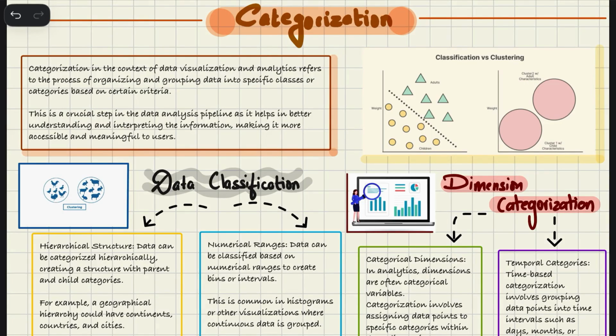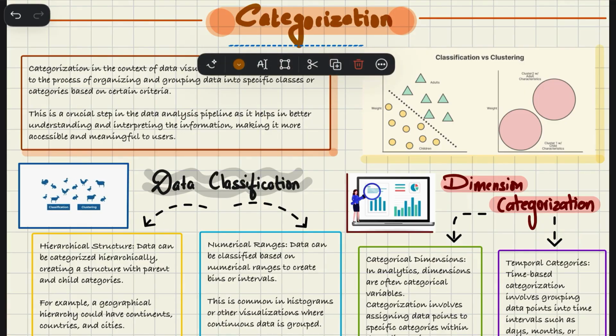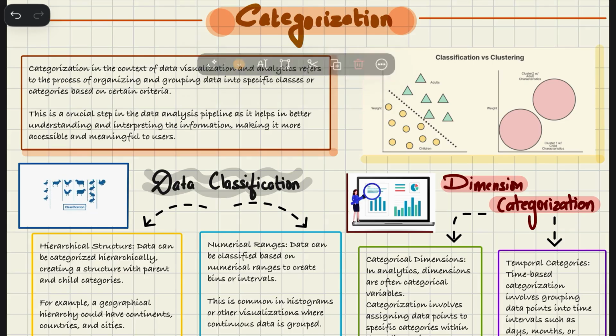Alright guys, in the real world, raw data arrives as a massive chaotic flood. Categorization is the formal process of organizing the data and grouping the data into specific groups, into specific classes based on predefined criteria.